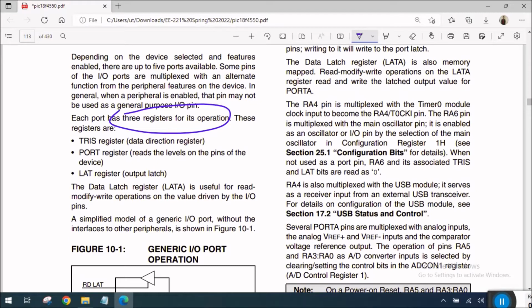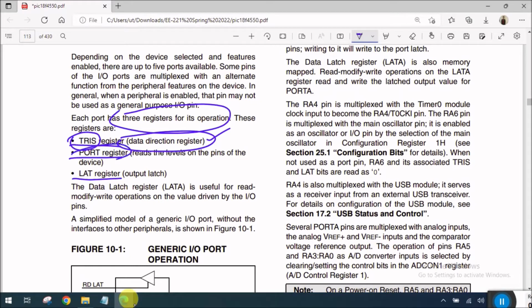These 3 registers are the TRIS register, PORT register, and LAT register. TRIS is a short form of tri-state buffer. The tri-state buffer can control the direction of that port. So we will configure our port as an input or as an output by writing a certain value in the TRIS register.